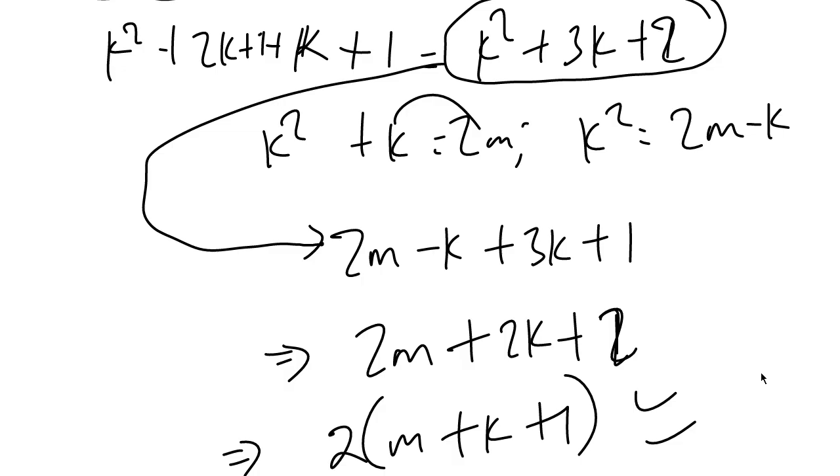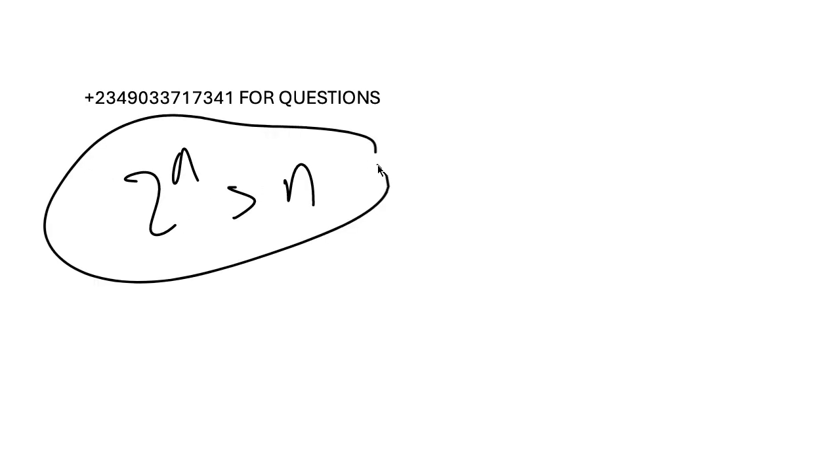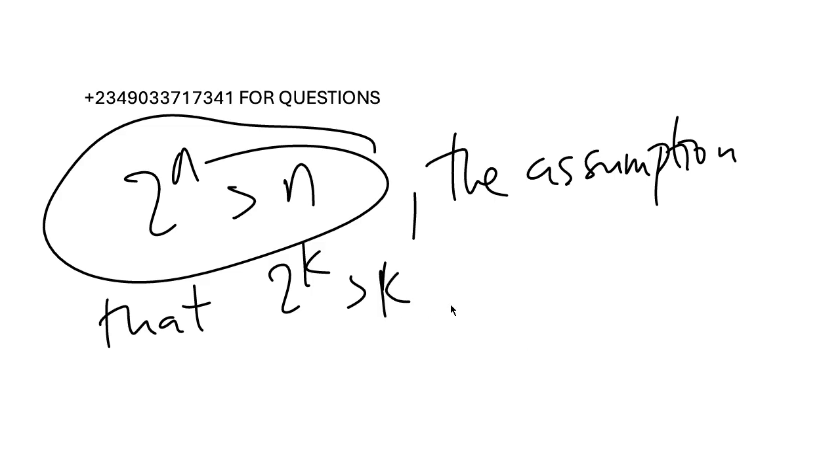Then the next question I'm about to show you is based on powers, and it says 2 to power n is greater than n, right? So the assumption, this one you can answer in seconds. The assumption that 2 to power k is greater than k leads to what?